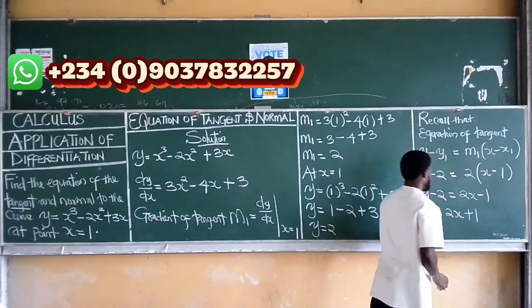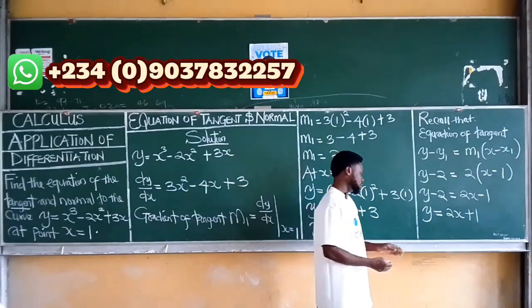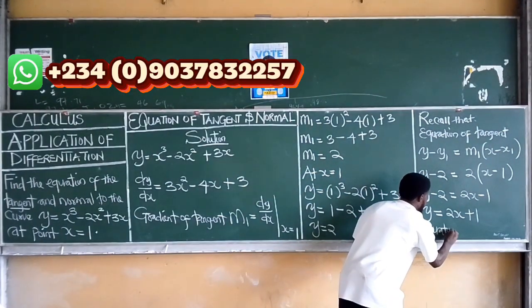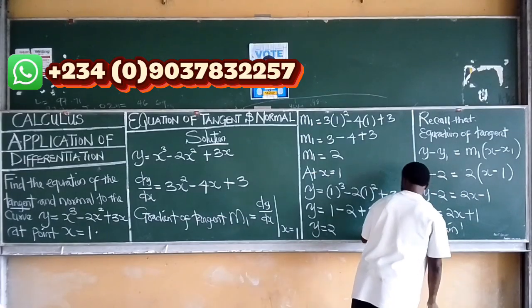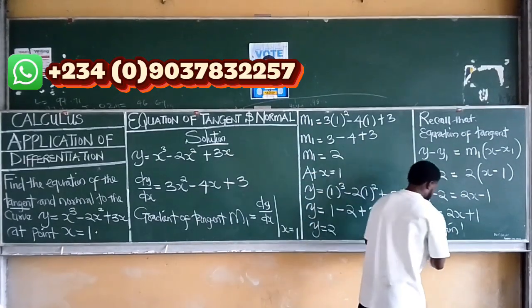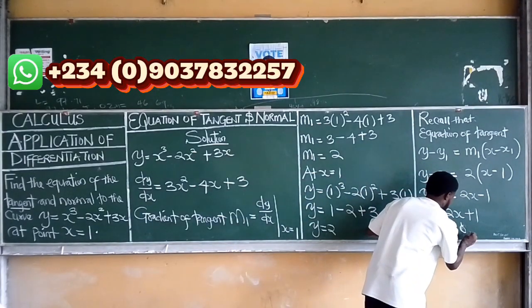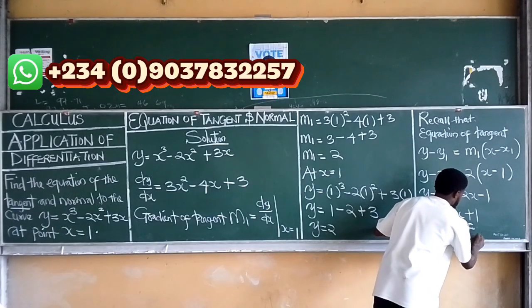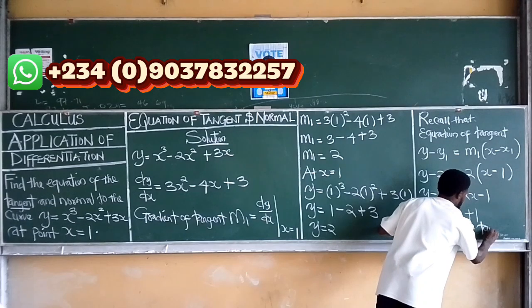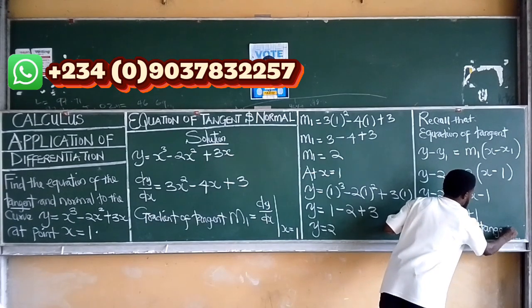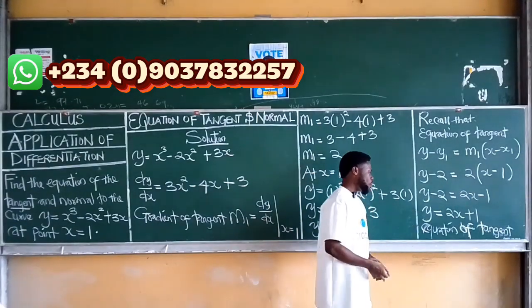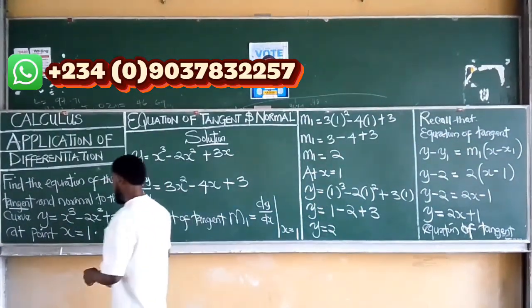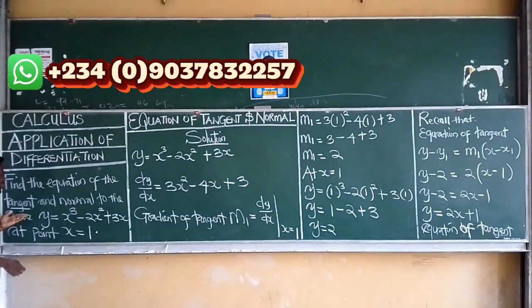So the equation of the tangent is y is equal to 2x plus 1. We have obtained the result for the equation of the tangent.